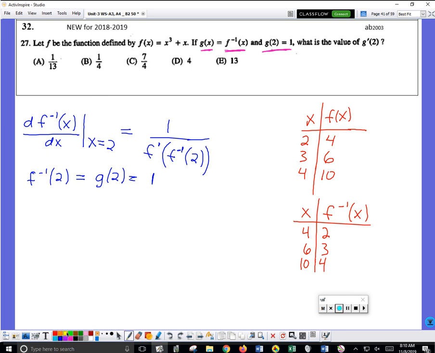So we're trying to find this. So the derivative of F inverse of x at an x value of 2, which is the same as finding 1 all over f prime, but now we know f inverse of 2 has a value of 1. So now we're looking for f prime of 1.